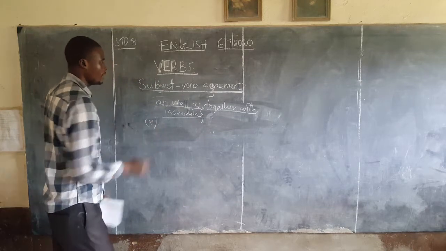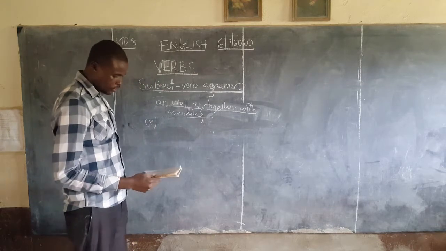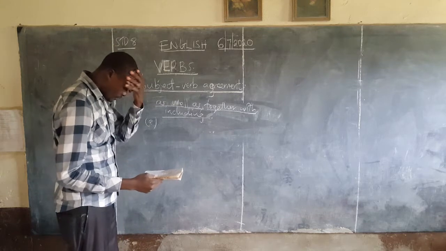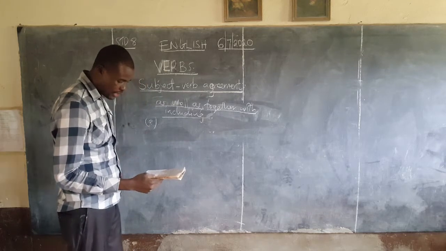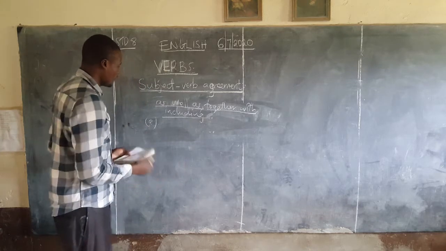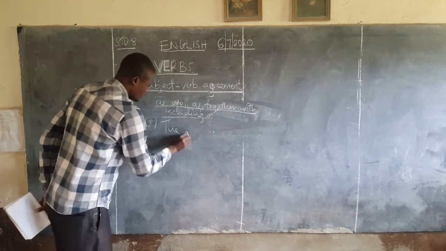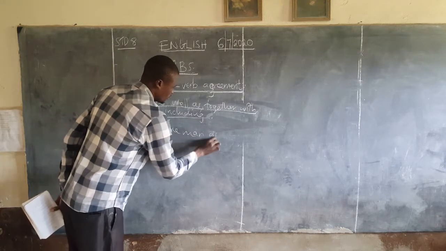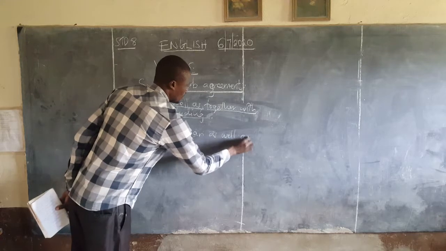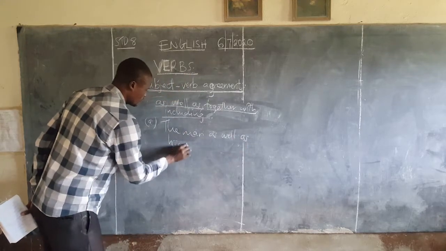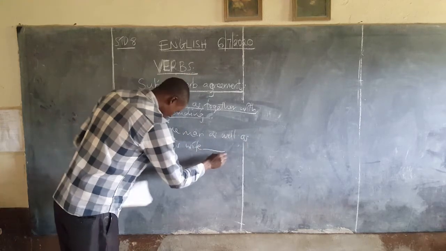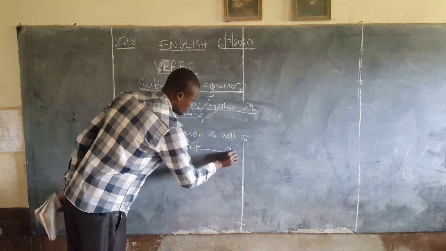So example A, you can talk of the man as well as his wife. The man as well as his wife, dash, gone out.